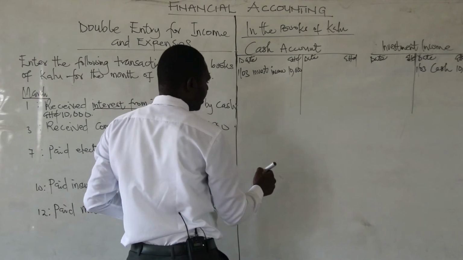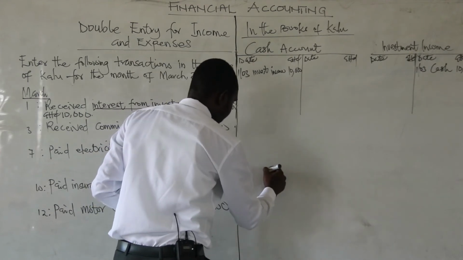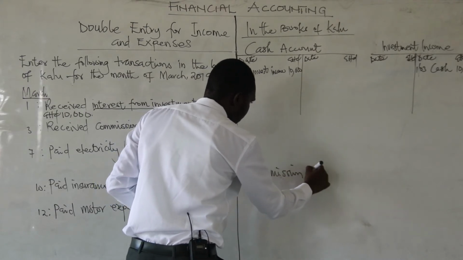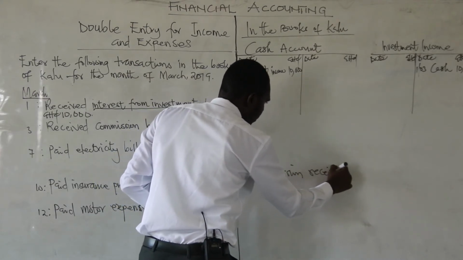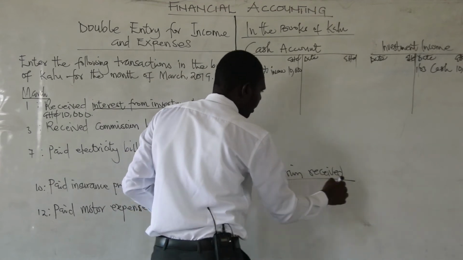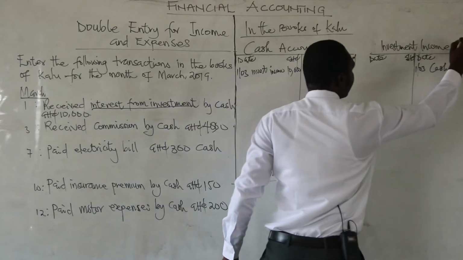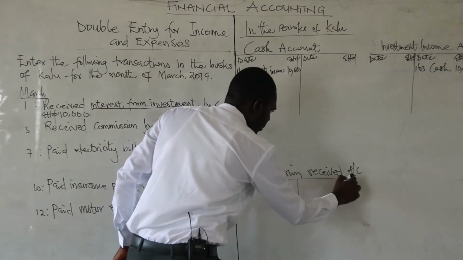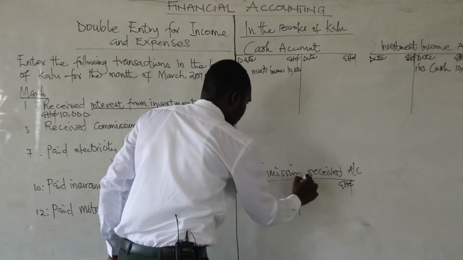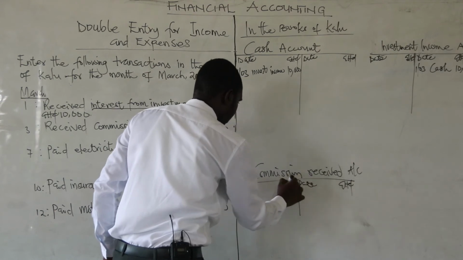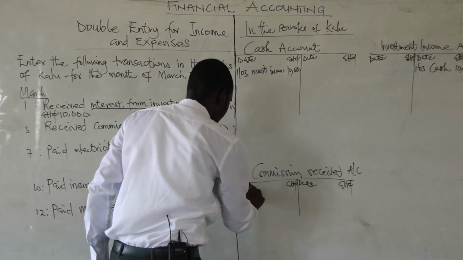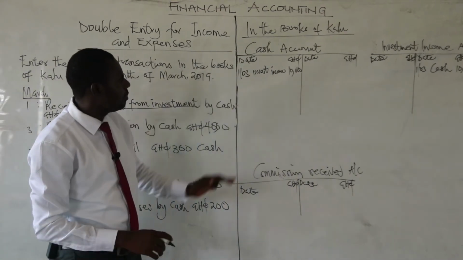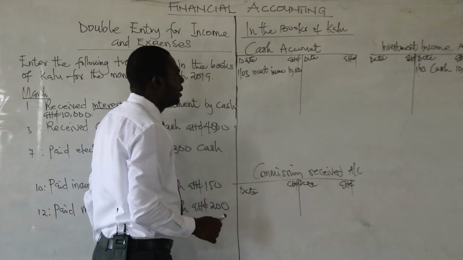So let's write commission received account. Okay, so we debit the cash account because we are receiving cash.